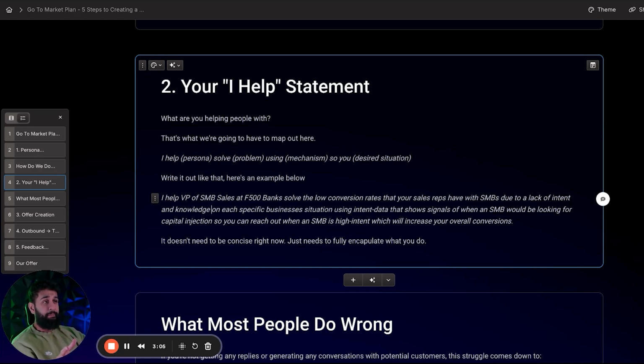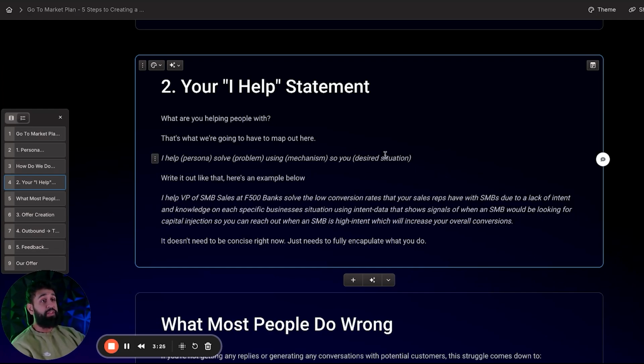Let's say that I am a fintech B2B SaaS company that helps Fortune 500 banks increase their conversion rate with SMBs. That's what I'm writing this I help statement based on.